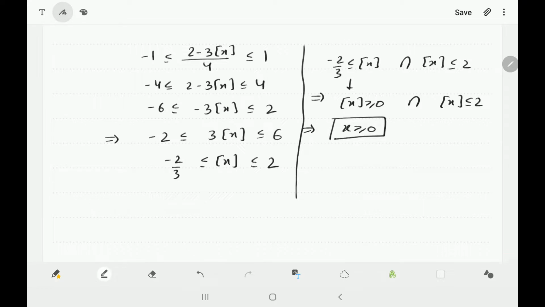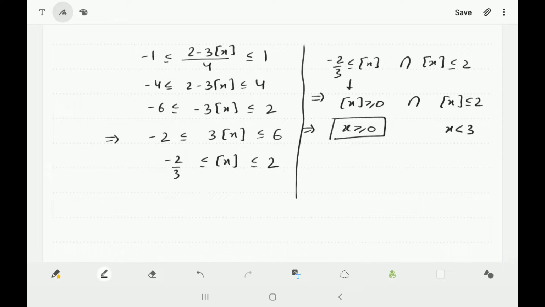Why? Because suppose you take x as minus 0.1, the greatest integer will be minus 1, and that won't be greater than or equal to 0. If you take x as 0 or a value greater than 0, greatest integer x will either be 0 or more than 0. Similarly, if greatest integer x is less than or equal to 2, it means x should be less than 3, because for any value less than 3, the greatest integer is at most 2.